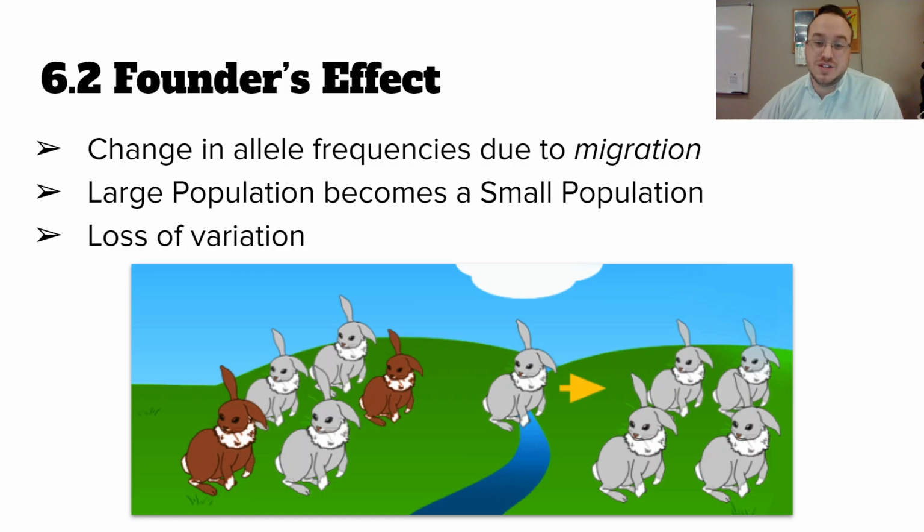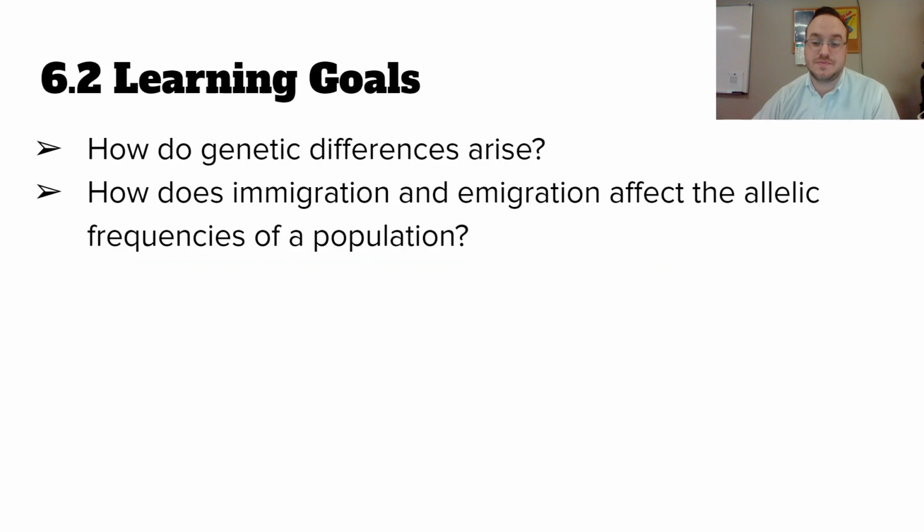Remember our heterozygous crosses that we had a couple units ago? 25% chance, but if they don't make heterozygotes in the next generation, maybe they make only homozygous dominants, then that allele frequency is going to get lower and lower and lower, right? With founder's effect, we also see a big population becoming a small population, but remember, it becomes two smaller populations because the existing population doesn't die, they just split.